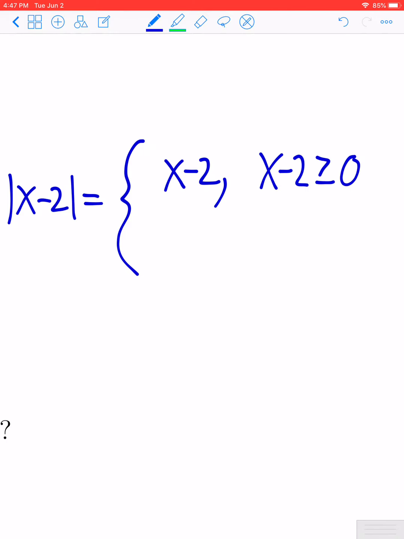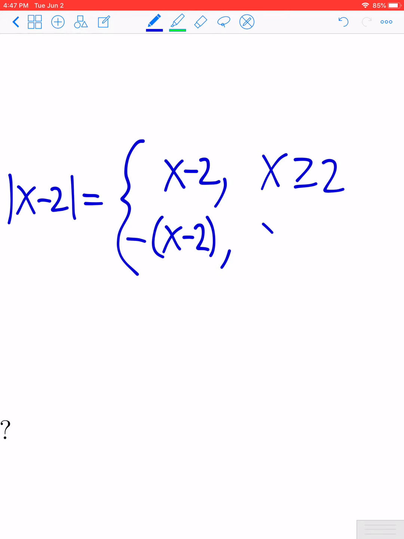So it's x minus 2 when x minus 2 is greater than or equal to 0. If we take this test condition and solve it for x, add 2 to both sides, that simply happens when x is greater than or equal to 2. But it's going to be equal to the negative of the inside quantity. After all, it has to switch the sign. And likewise, you check the test condition, and that's going to happen when x is less than 2.